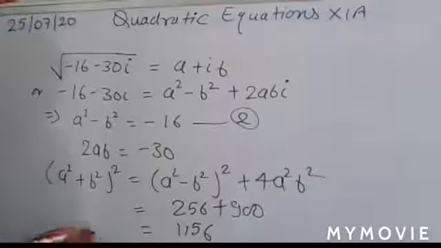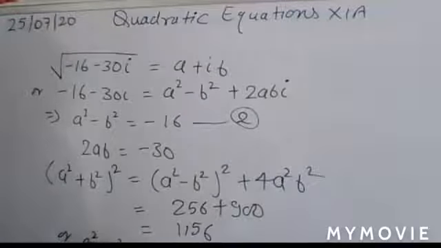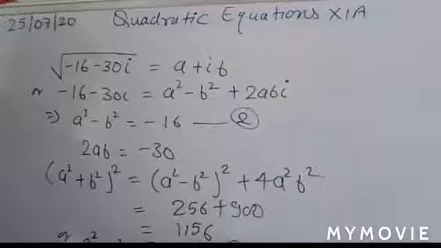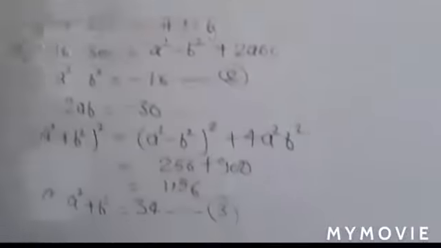So the value of a square plus b square is equal to 34. That is your third equation.